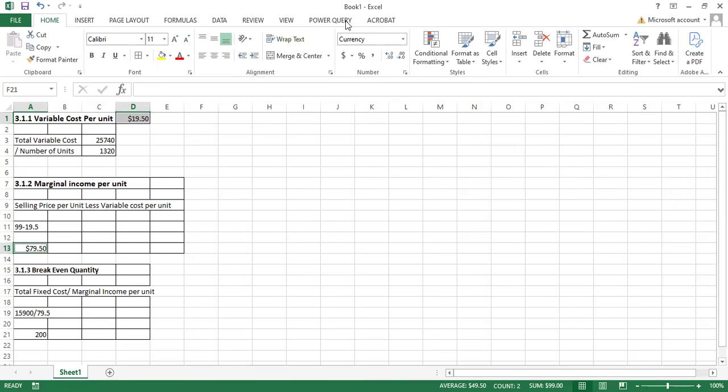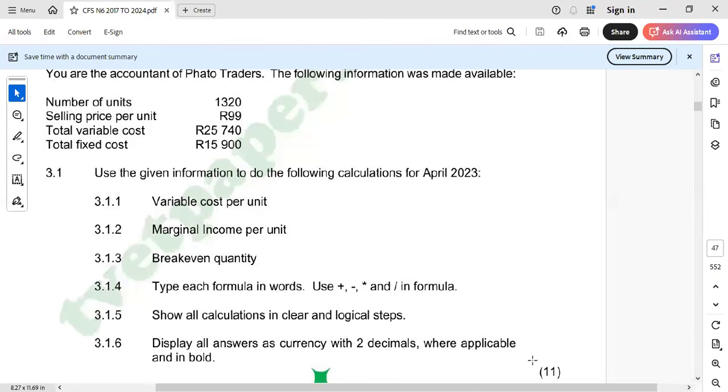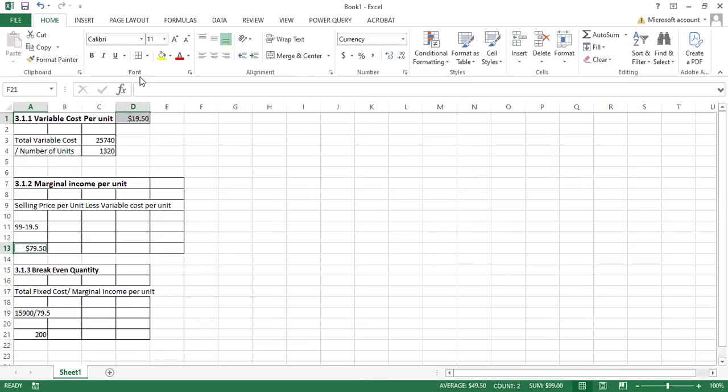Let me also check something on your question paper. So, where applicable, and bold what? Okay, so which means we are supposed to bold also the answers. So you can just put the bold there. Maybe also this one, remember there was no two decimal because we are talking about quantity here. We are not talking about money, we are talking about the units. So it's correct like that.